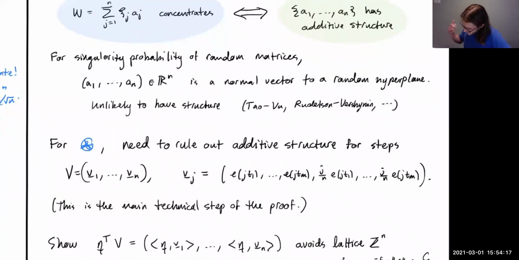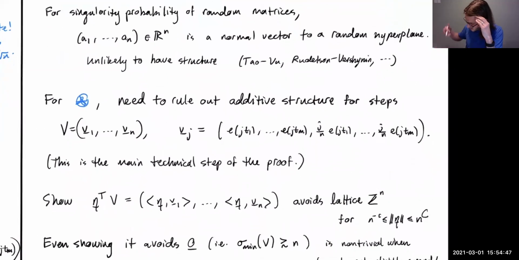Okay, so this was a big deal. This was very important for this problem of estimating the singularity probability of random matrices, or the quantitative control of invertibility. In that application, this was a collection of scalars, which was a normal vector for a random hyperplane. And you can show that a normal vector of a random hyperplane is unlikely to have arithmetic structure.